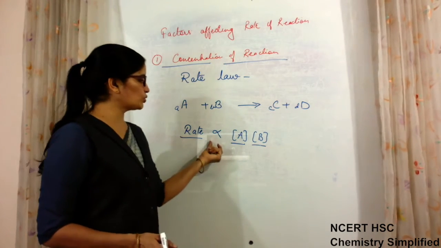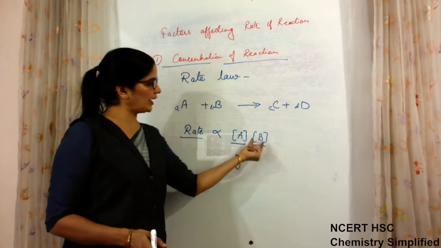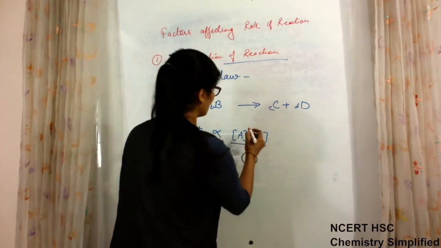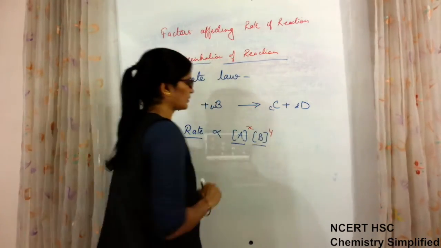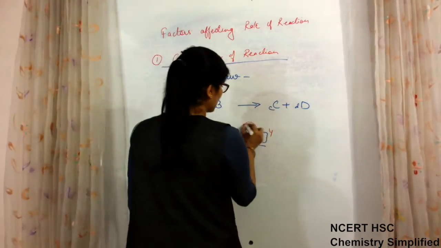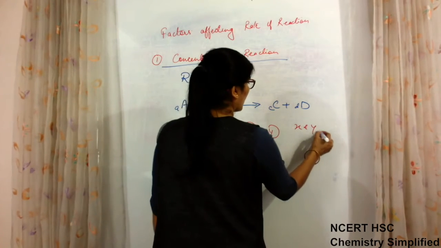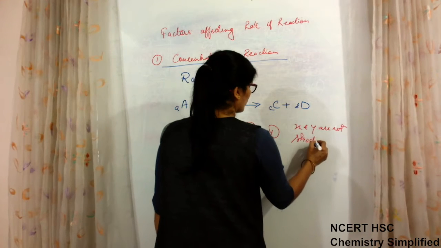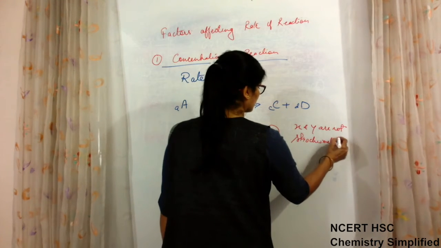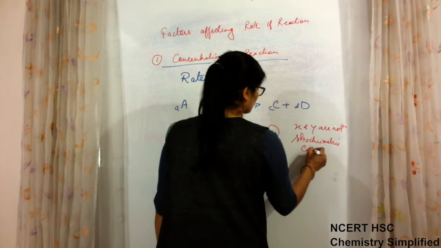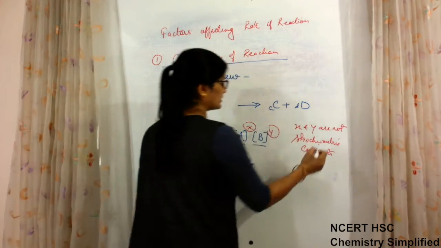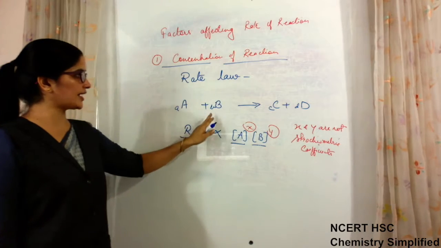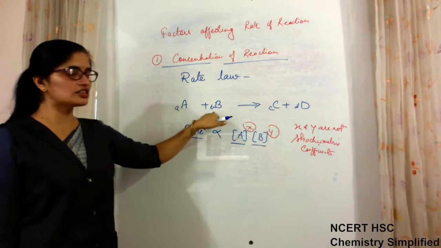So rate is proportional to the concentration of A and B raised to power x and y, where x and y are not stoichiometric coefficients, because stoichiometric coefficients are small a and small b.